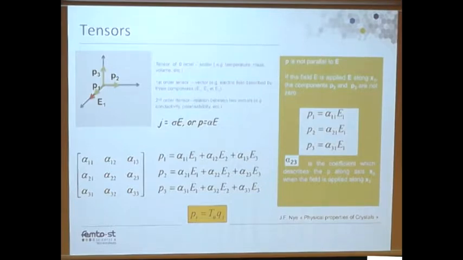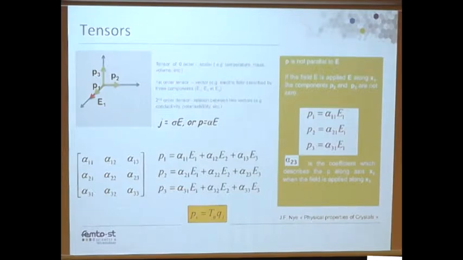So what does it mean? We come back to this: this is a vector, this is a vector, so this one is a tensor of order 2. It's not one constant, but we have 9 constants.